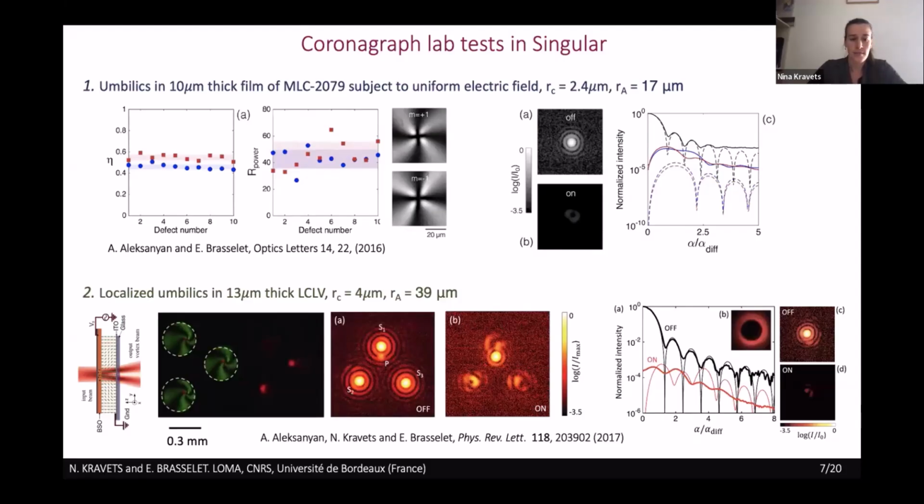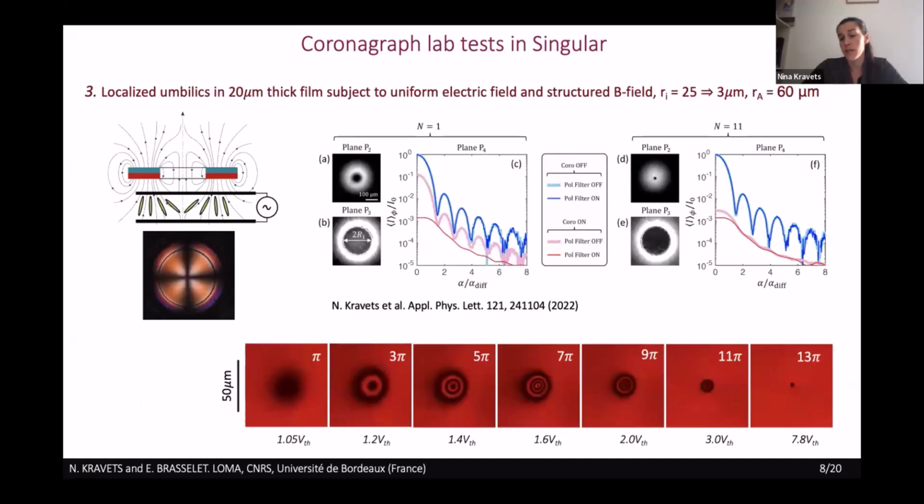And then we tried to address the problem of what is limiting the contrast in our case, because as I said, the phase retardation could be adjusted by electric field, and this is what we were doing in order to adjust the phase retardation for these given wavelengths. But then the second part, dedicated to the size of the central defect, was quite limiting for us.